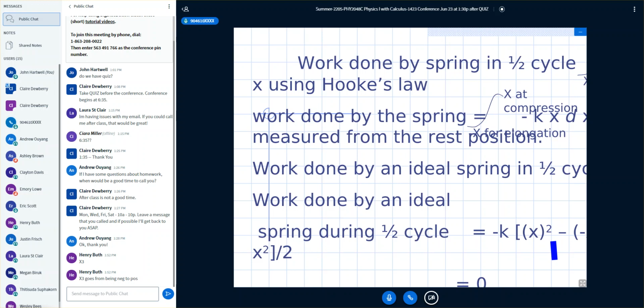Case 3A. We have a mass of 3 kilograms starting from rest, slides down a rough incline, encounters a spring. How far, in other words, S, did the mass slide before the spring mass system momentarily comes to rest? And here's where we solved all of those expressions.